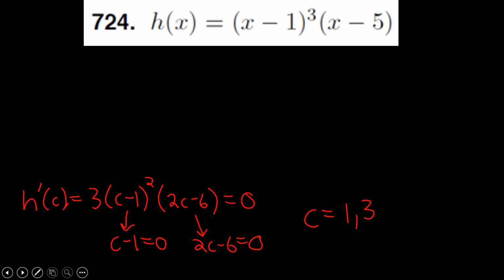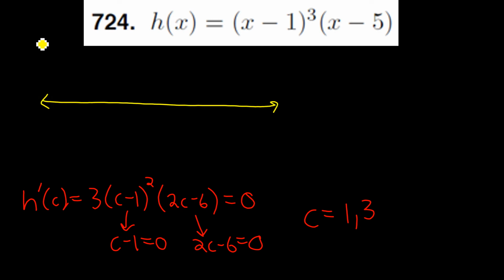So I'm going to do my first derivative test. I've got the points 1 and 3, and so I need to create some test points. My test points are going to be 0, 2 and 4. I want to know what h prime is at those places.